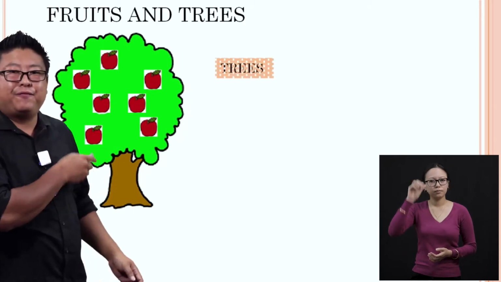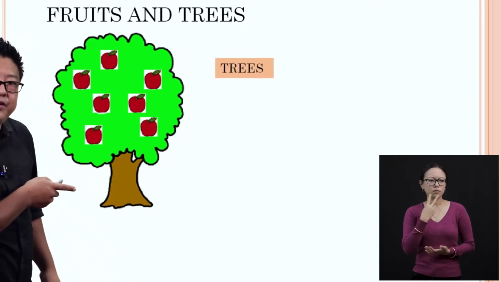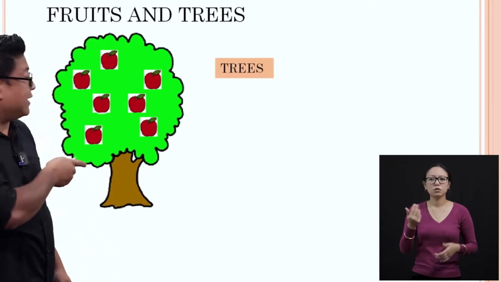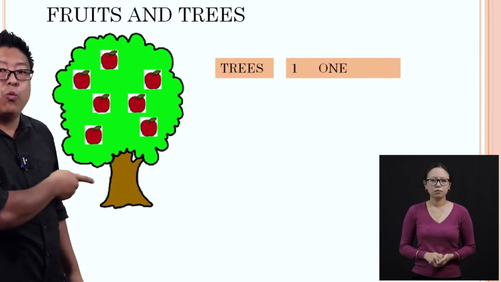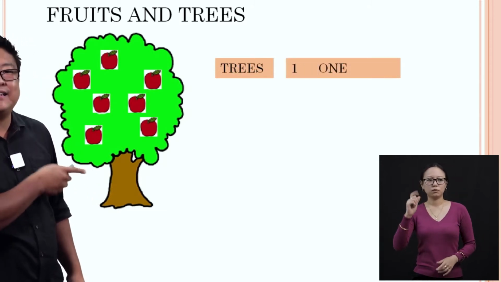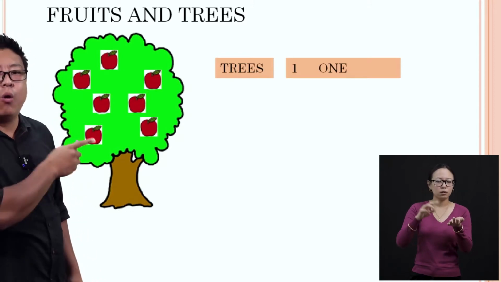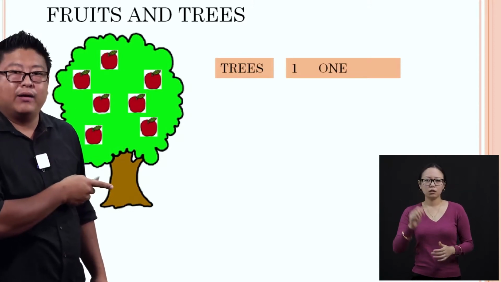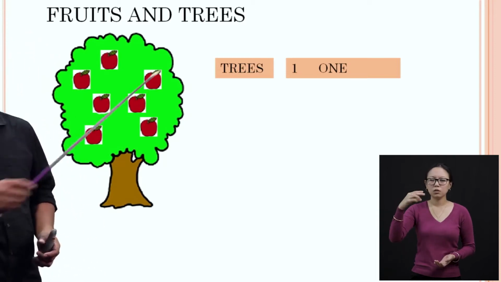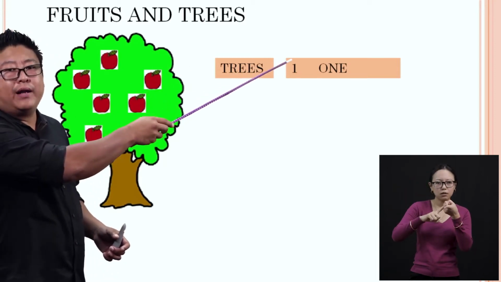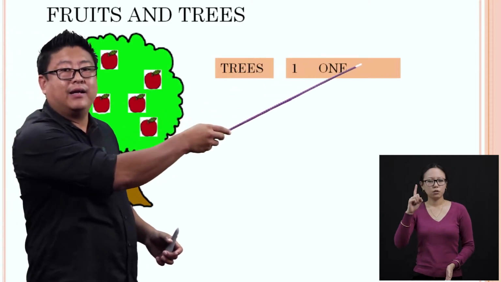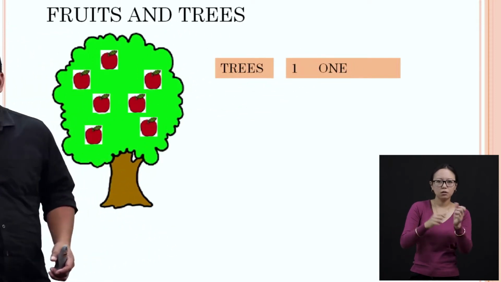So, let's look at the first one. How many trees do you see here? Yes, we see only one tree and its numeral is 1. Its name is ONE. All right? So if you look here, 1 is the numeral and ONE is the number name.